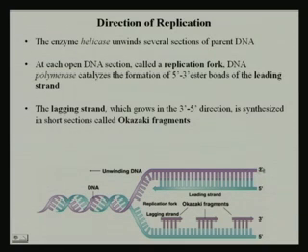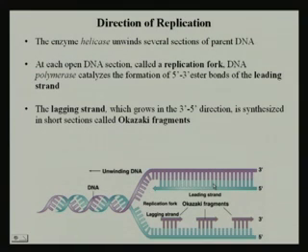So, one end is the 3 prime end, another is the 5 prime end. This is one parental strand, this is another parental strand. Now, there is a leading strand and another is the lagging strand. So, with this 3 prime end, the leading strand starts synthesizing 5 prime to 3 prime and forms the complementary base pair of this particular new strand.